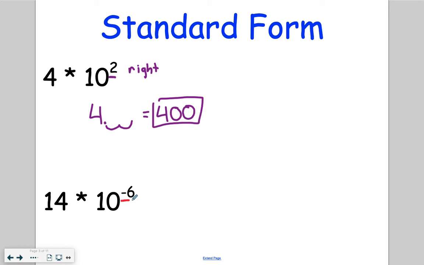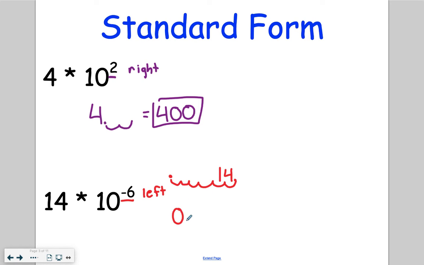If I come down here to the bottom one, I've got 14 times 10 to the negative 6th power. Now we've got a negative exponent, so that's going to move us to the left. So we're going to start with 14. My decimal point would be at the end, and then I need to go 6 places to the left. So 1, 2, 3, 4, 5, 6. Again, that decimal point is where it would end up. All of these spaces are going to get filled in with zeros.